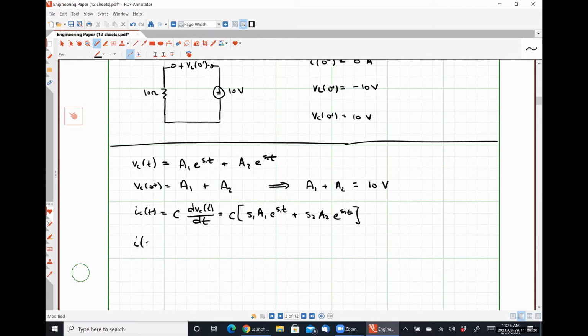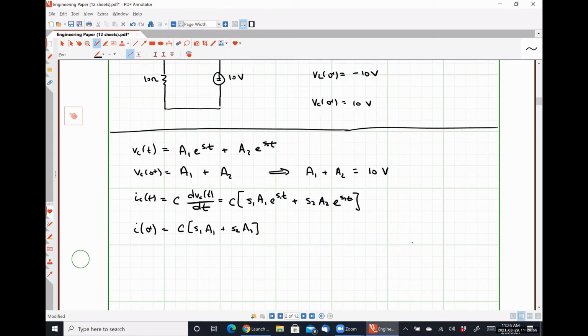At t is equal to 0 plus, this is going to reduce to what? And all of that multiplied by C. You can't forget C, right? Our exponential functions both go to 1. So we're left with C times S1 A1 plus S2 A2.